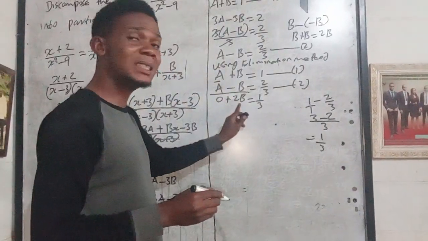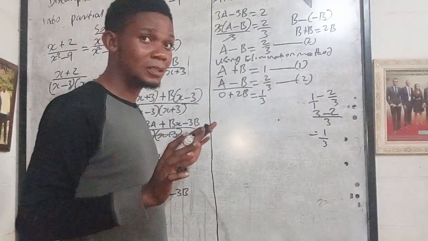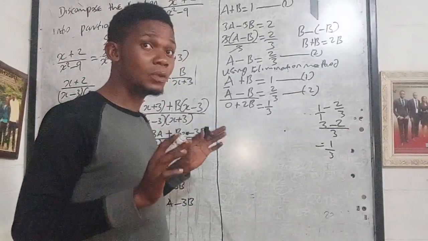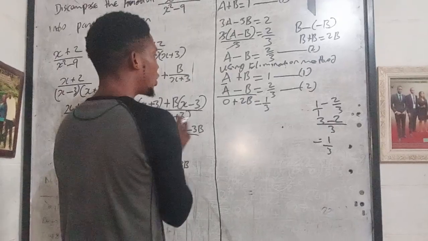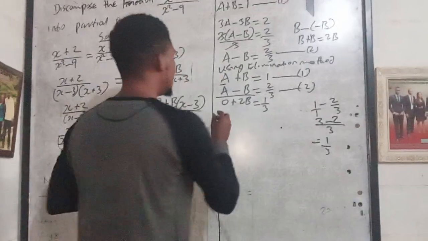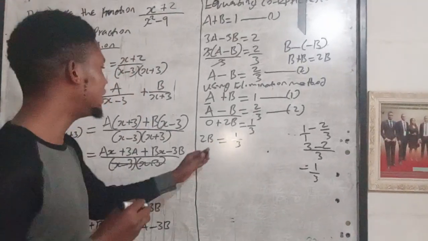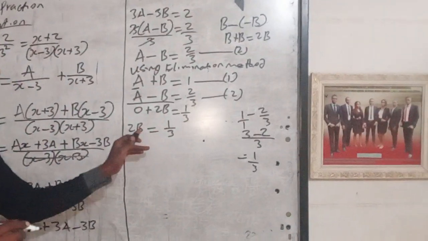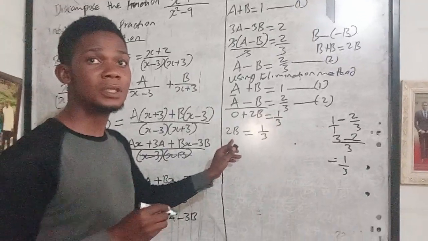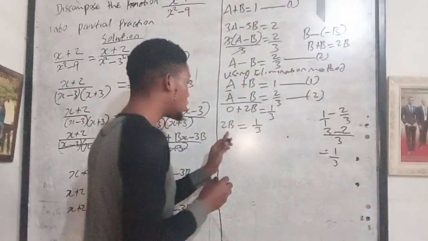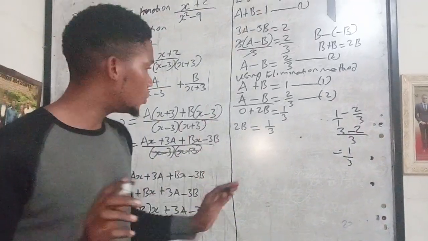Now 0 plus anything is that thing. Anybody plus 0 is that person. Even me plus 0 is me. So don't mind this 0. Whether you had it or not, it will still give 2b. This will now be 2b will give 1 all over 3. Now in this case, we are looking for b. This b must stand alone. We divide both sides by the coefficient of b, which is 2, because 2 must be taken from b for b to be alone. Now, look at what we do.